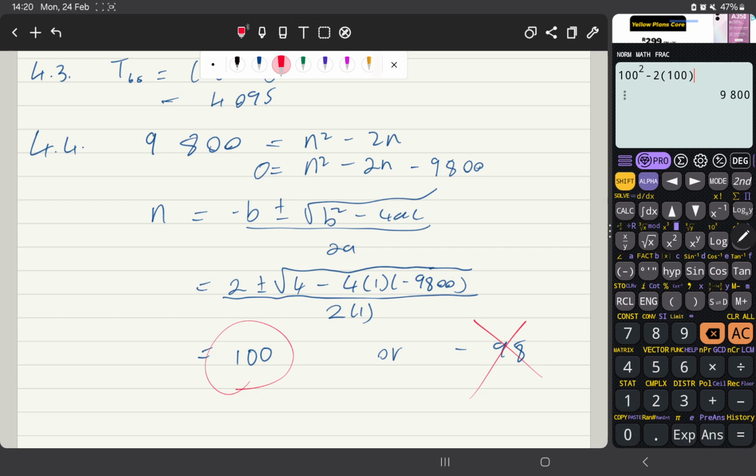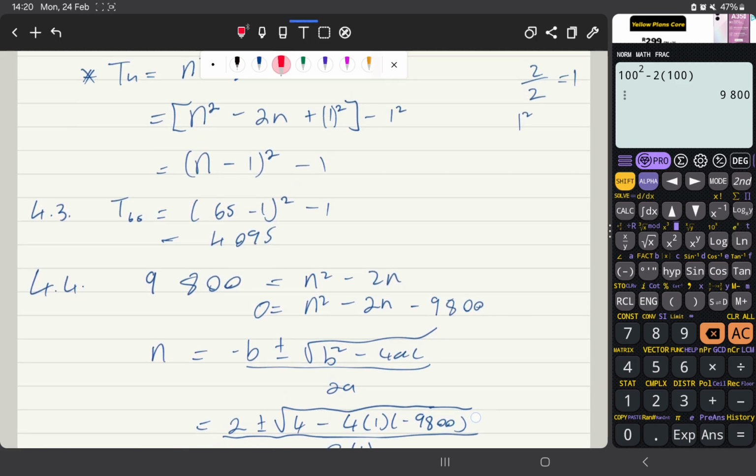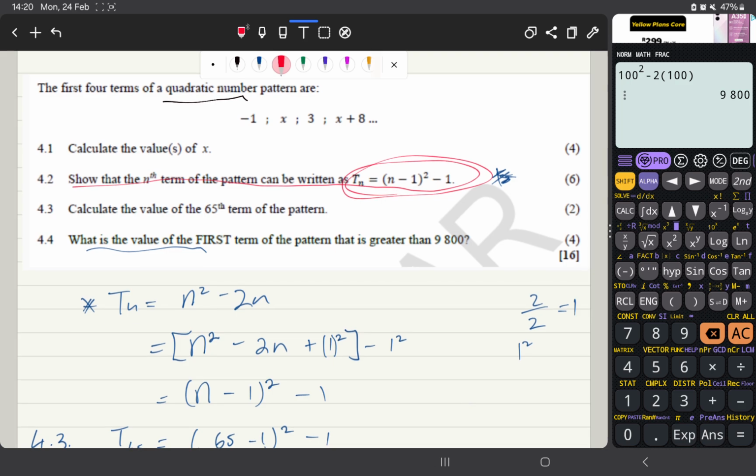And look at me, if I substitute 100, T100 equals 100 squared minus 2 times 100. I'm getting what? 9,800. So here, I think they made it just easy, because you're getting exactly that value. So they made it very easy.